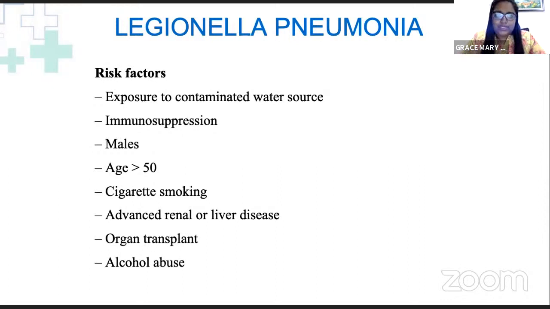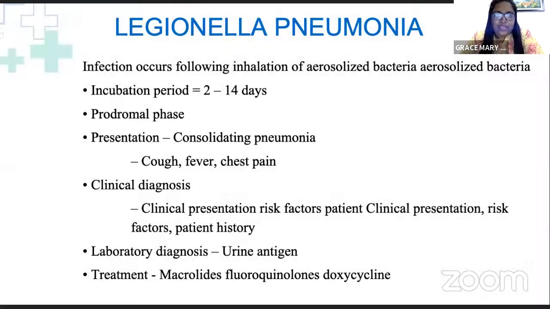Like the other ones, immunosuppression, male gender, age of more than 50, cigarette smoking, renal or liver disease, transplant, and alcohol use are all risk factors for Legionella. The infection is usually from the AC vents, by inhalation of aerosolized bacteria, and it can stay in your lung as an incubation period of up to 2 weeks.